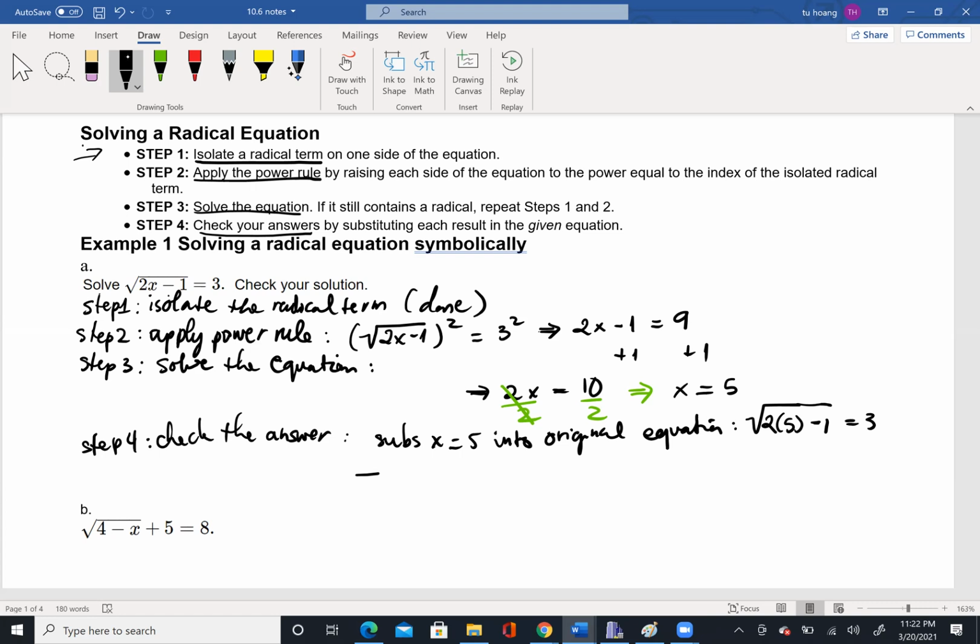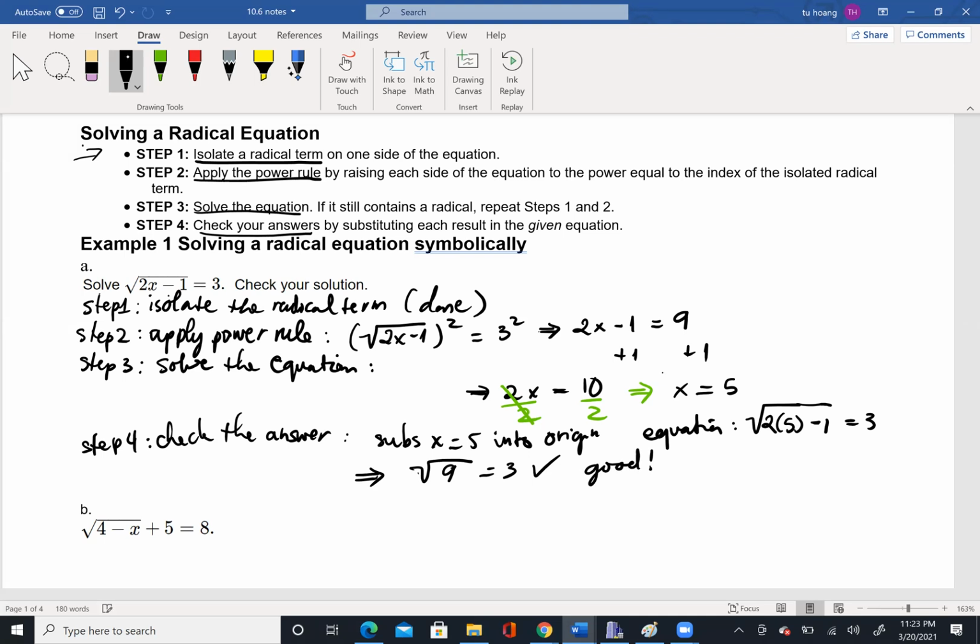So then I have the square root of 9 equal to 3, and that is a true statement, right? So good.